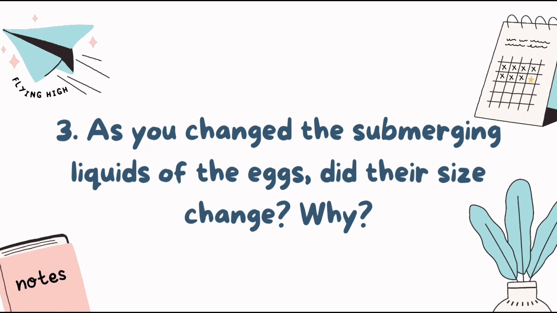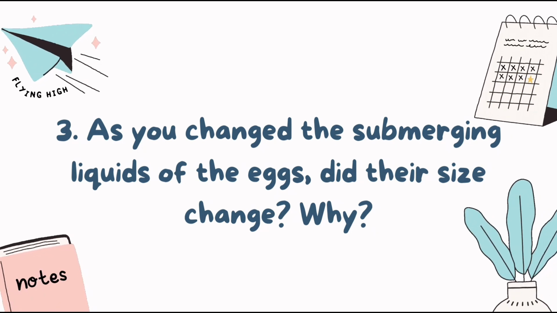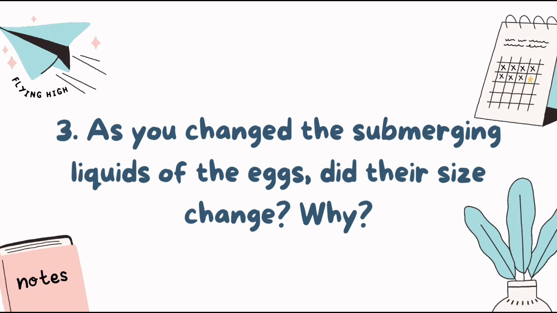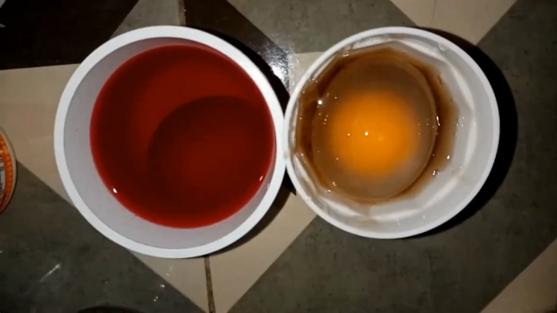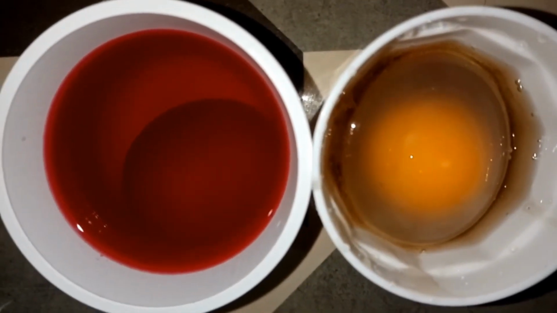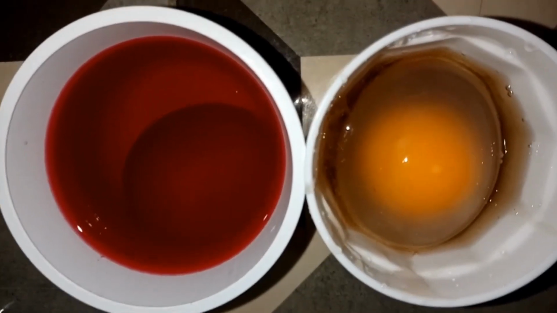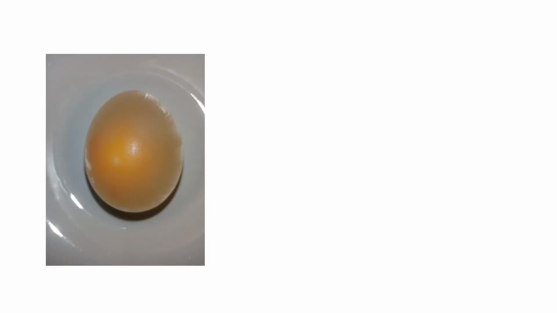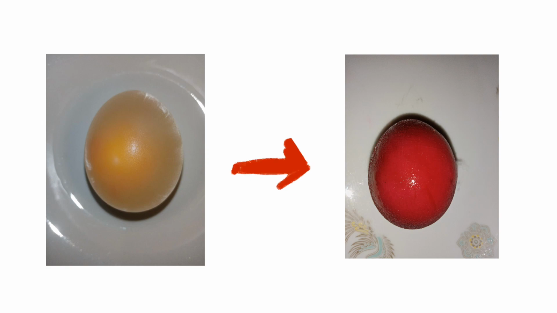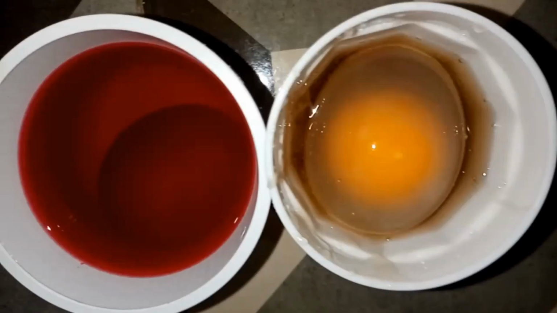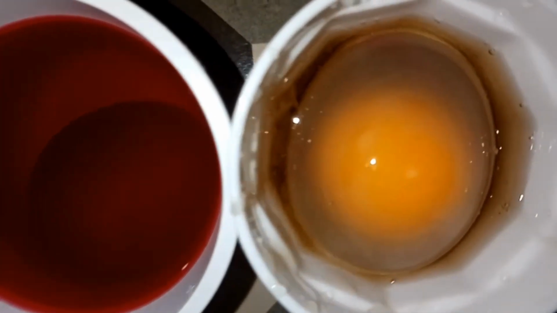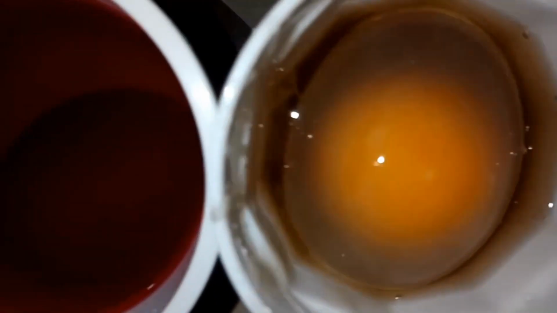Question number 3. As you change the submerging liquids of the eggs, did their size change? Why? Egg B, which is submerged in water and has a bigger size at first, when transferred to corn syrup, shows a smaller size, and the water inside the egg is released.